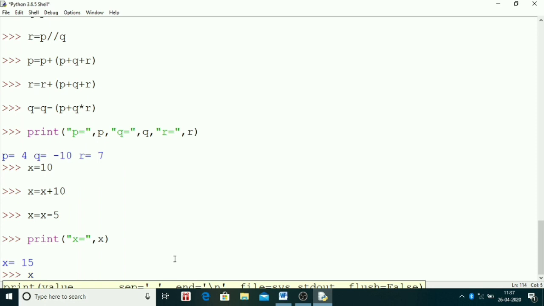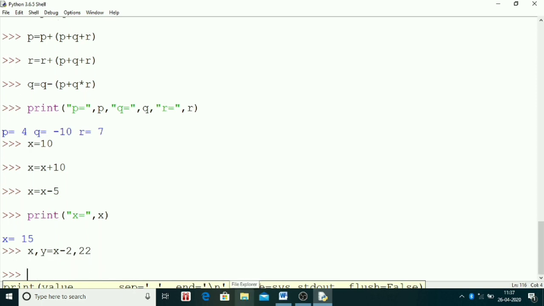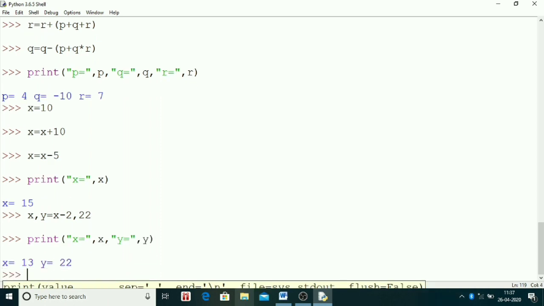Now I say x, comma, y is equal to x minus 2, comma, 22. That means the value of x minus 2 will be assigned to x. That means 15 minus 2 will be 13. Y is 22. This is multiple assignment. Now print x is equal to x, comma, y is equal to y. This way you can do.